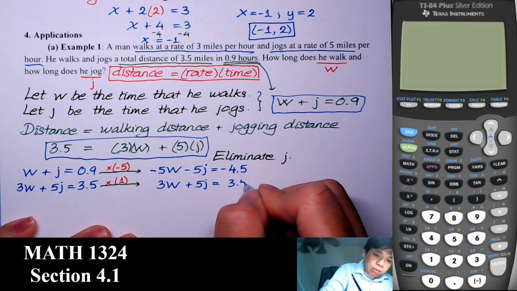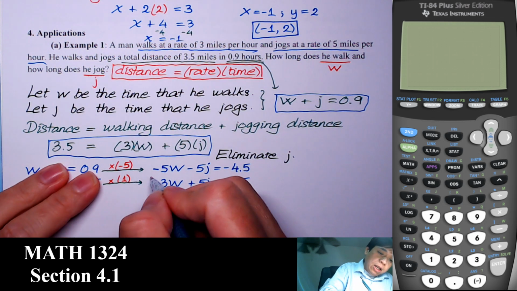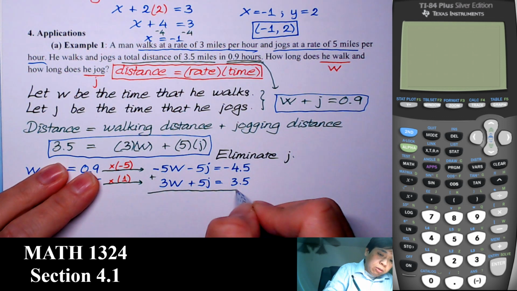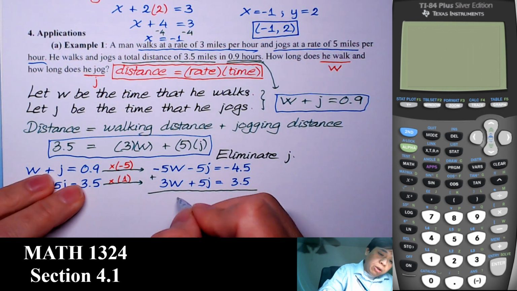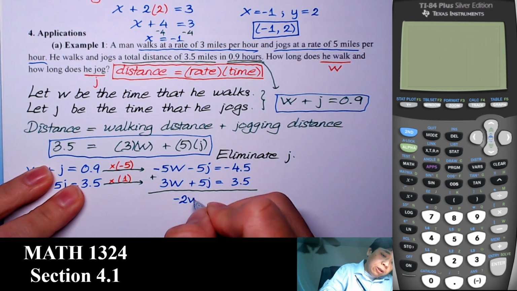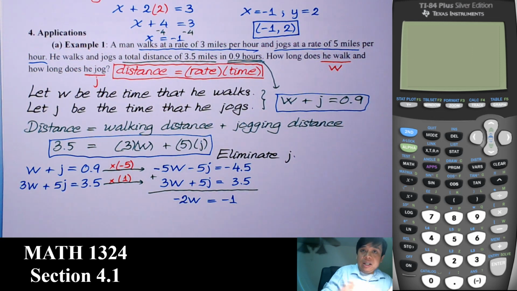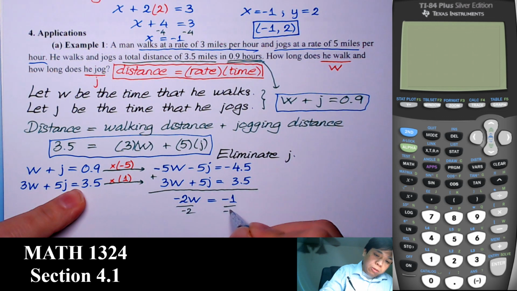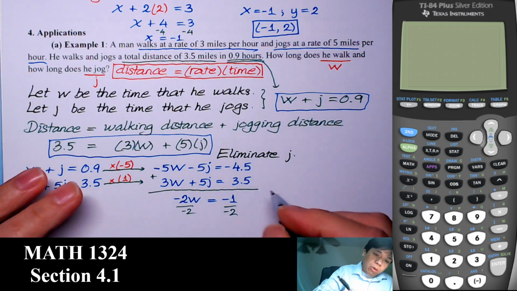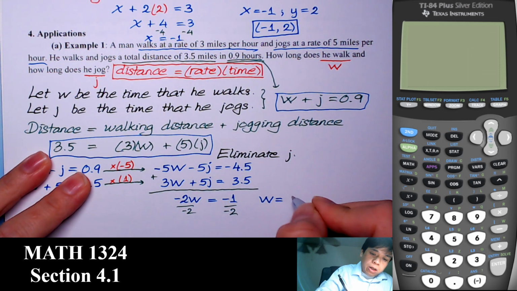And we add side by side, so negative 2W is equal to negative 1, and divide by negative 2 on both sides. We have W equal to 0.5.